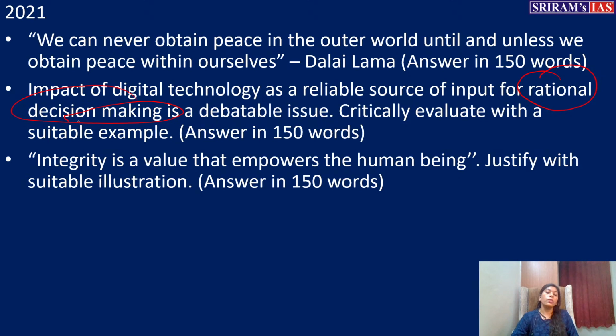There they are talking about the ethical issues related to digital transformation in every sector. Okay, in that way you have to be prepared. You have to read the newspaper so that you'll get more inputs to write answers for these types of questions. And also you can see this way, I already told, the human values, when they're asking, they will be giving the quotations by leaders, great leaders, reformers and all.